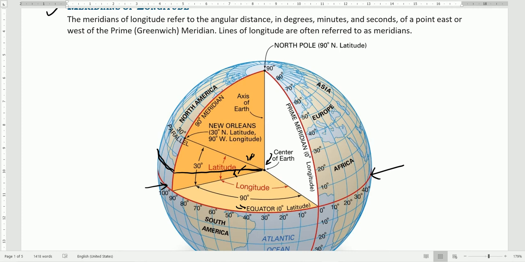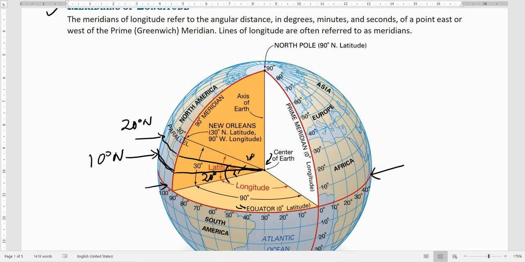In this way, if we draw another line from the center towards the surface, and the angle formed here is 20 degree, then this is what we call 20 degree north. And this is 10 degree north.